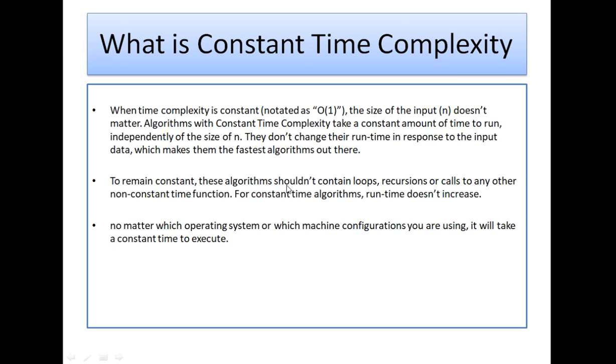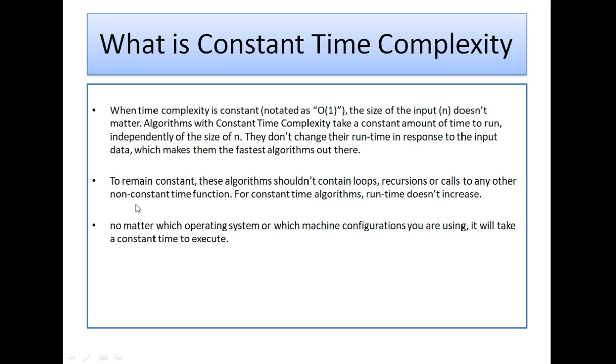Why? Because it does not depend on the input size. However large the input you pass, it will only execute the operation one time. That's why it takes very little time compared to the other time complexities.